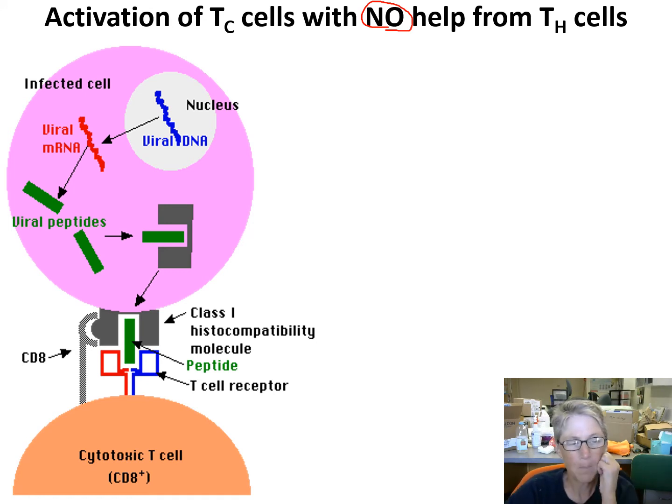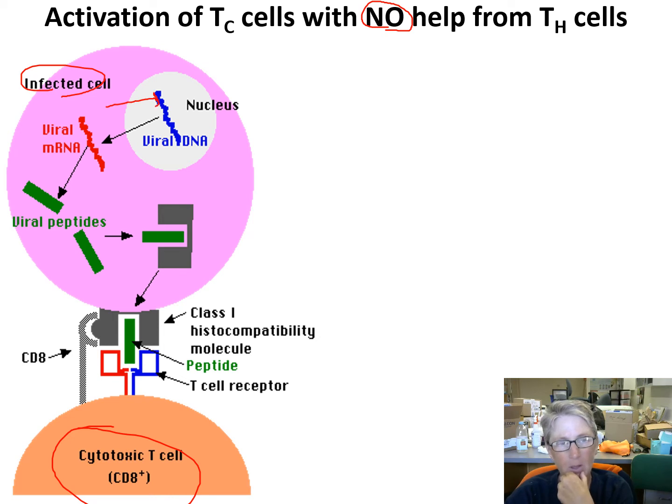So let's check it out. Here's our cytotoxic T cell down here. Here's our infected cell. So clearly a virus got in, and the virus inserted its DNA here. Then the viral DNA made viral RNA, made viral peptides. Through some really cool molecular biology, those viral peptides got linked up to a complementary MHC1 protein.